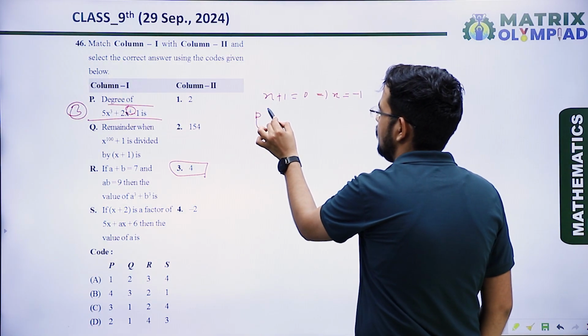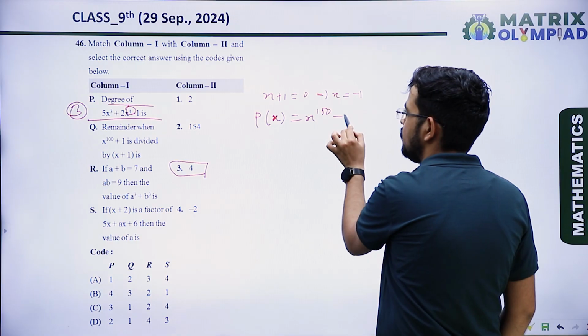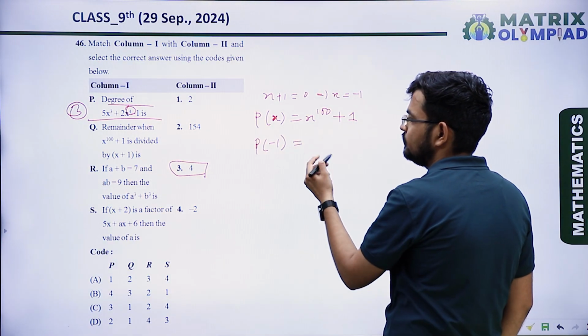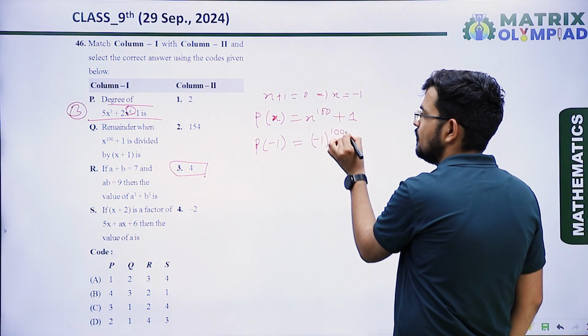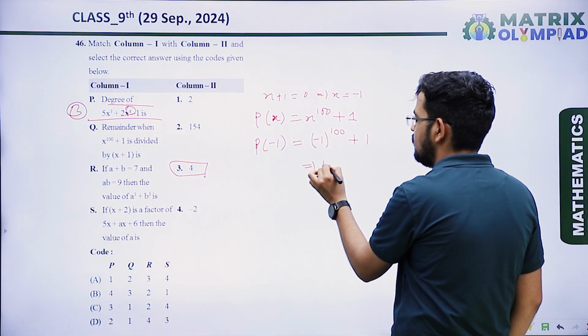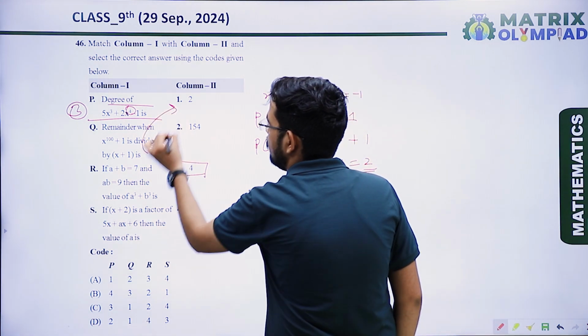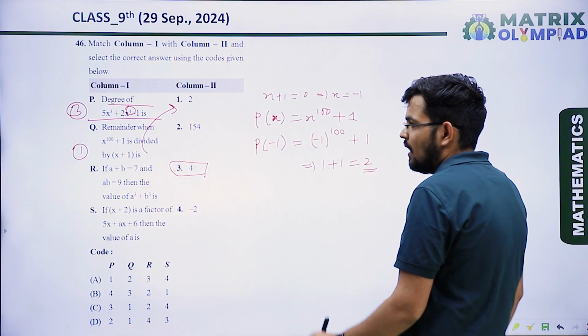Now find p of x, which is x raised to power 100 plus 1. So p of minus 1 equals minus 1 raised to power 100 plus 1, that is 1 plus 1, 2. So the remainder is 2. Option first is correct for Q.